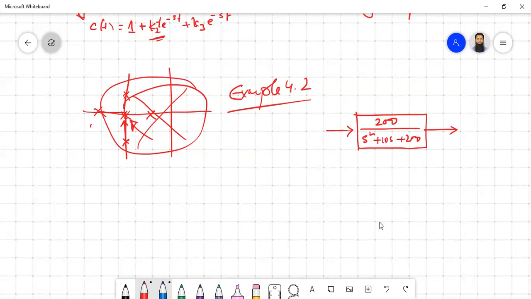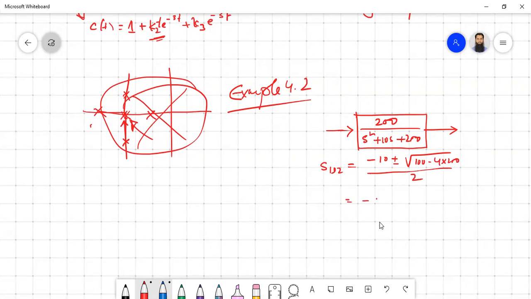What you have to do is just check what their pole locations are. So s1,2 is minus 10 plus minus square root of 10 squared, that is 100, minus 4 into 200, divided by 2.